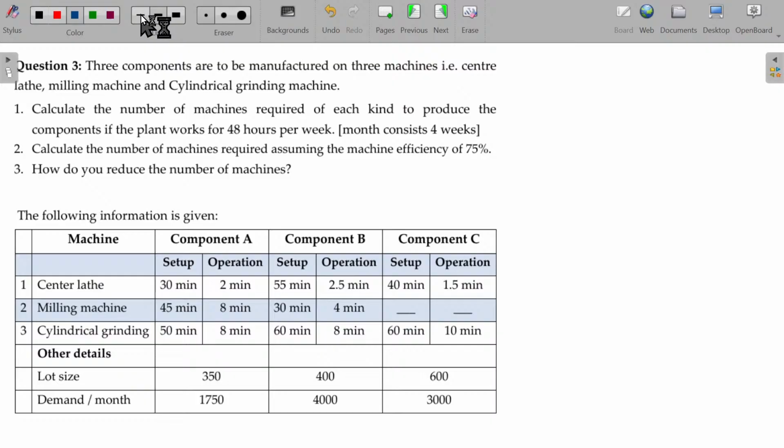So, let's see. Calculate the number of machines required of each kind to produce the components if the plant works 48 hours per week. Month consists of 4 weeks. Then 48 hours into 4 weeks, 192 hours. If the hours are missing on a per month basis, always keep standard numbers in your mind.